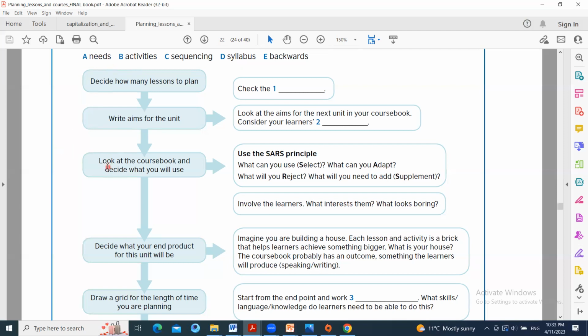The next one. Look at the course book and decide what you will use. For example, use the SARS principle: select, adapt, reject and supplement.